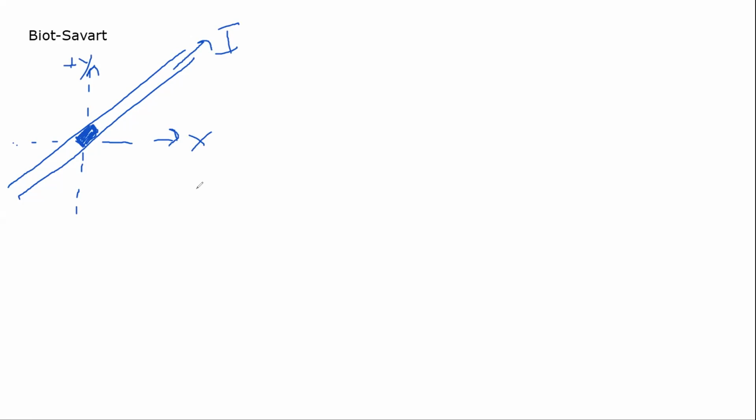And what they note is at a distance r away from the wire, let me do a different color, at a distance r away from this wire, it creates a magnetic field going down. Now, for magnetic field, we're going to use the symbol B. Let me do that in red here.